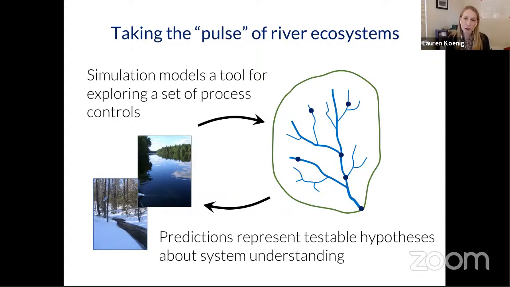But so far, what I've shown here is conceptual or heuristic, in the sense of what are the implications of these drivers that we think are fundamentally important at the scale of individual streams, and what that might mean for broader scales and for integrating into biogeochemical cycles at regional scales.